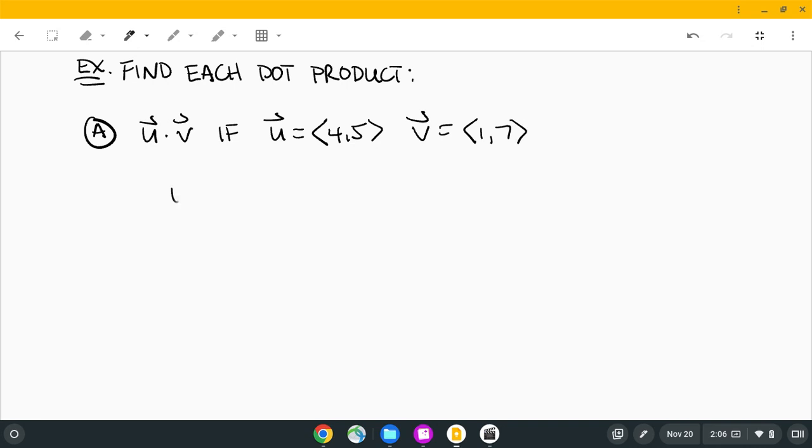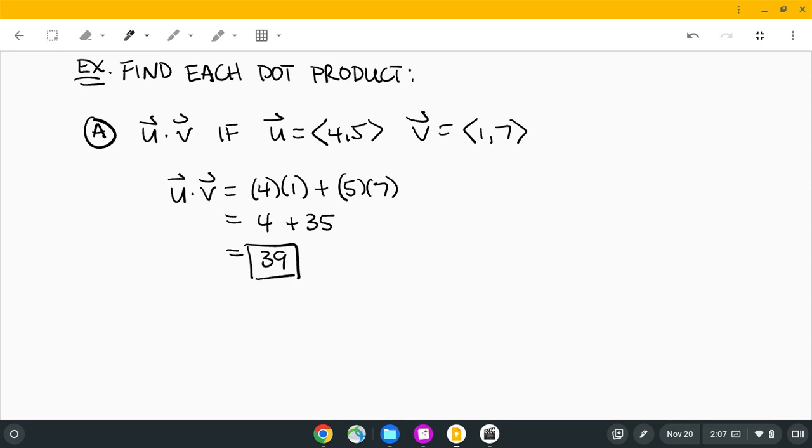Then u dot v is going to be 4 times 1 plus 5 times 7. So that's 4 plus 35, and we get a scalar, 39.